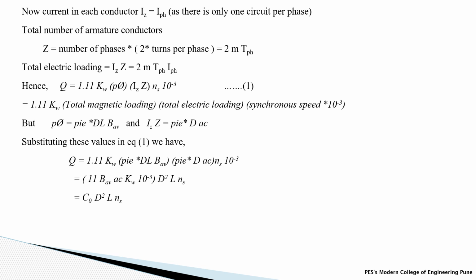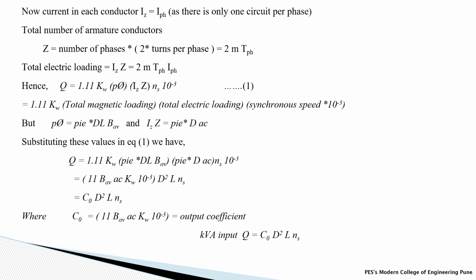So Q will become C naught D square L ns, where C naught is the output coefficient, D is the diameter and L is the length of the stator. C naught is equal to 11 Bav AC Kw into 10 to minus 3, which is known as the output coefficient of the induction motor or machine.